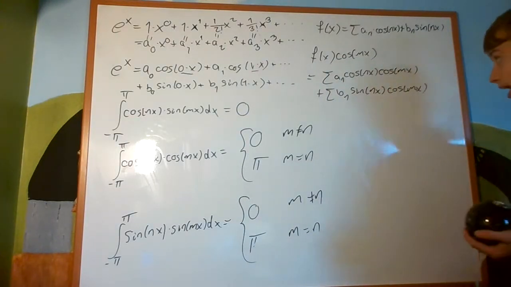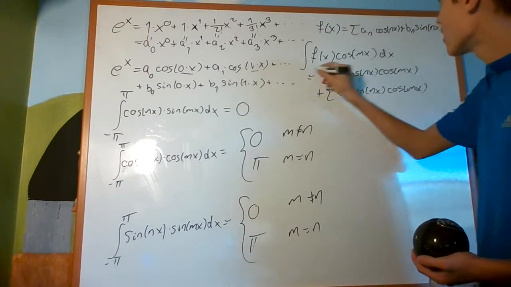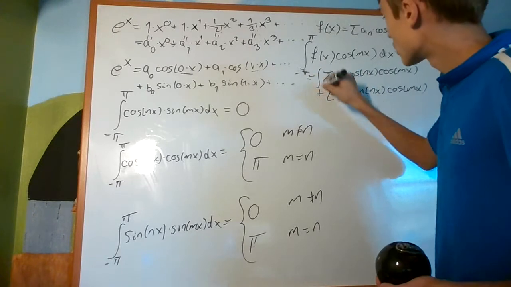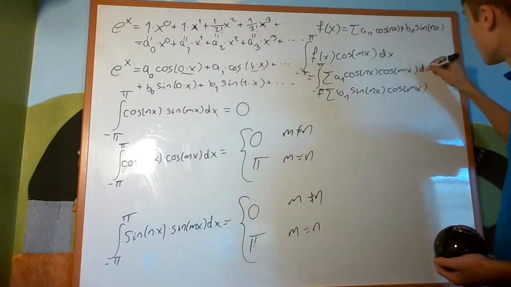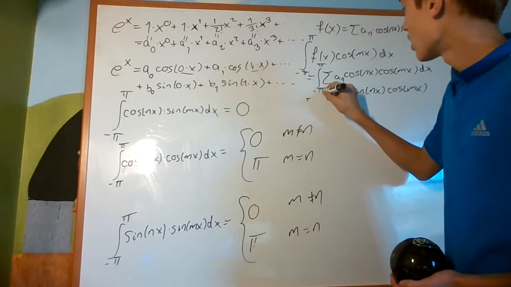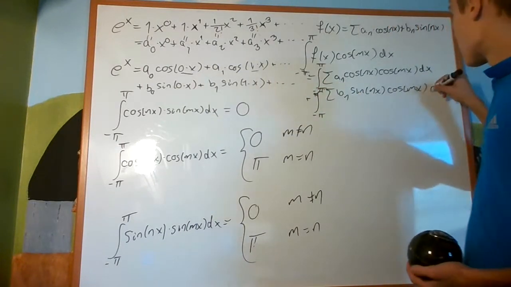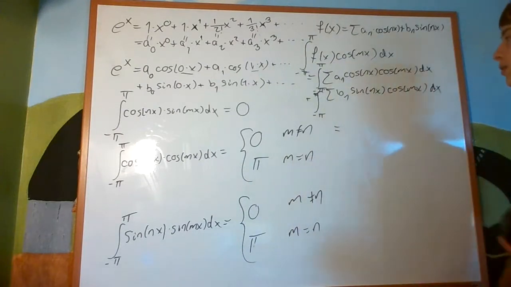Okay, now let's integrate both sides with respect to x and evaluate from negative pi until pi. Integral from negative pi until pi. Okay, what will I get out of this?